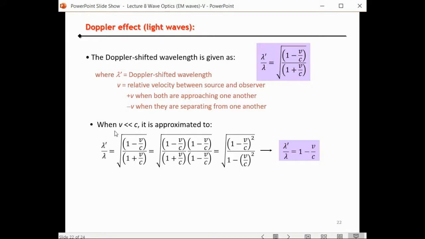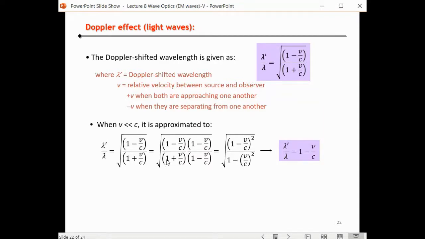For relative velocity which is much smaller than the speed of light in vacuum, this expression can be approximated by multiplying the numerator and the denominator by 1 minus v over c, and this will give us 1 minus v over c squared.